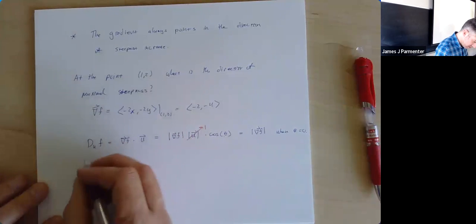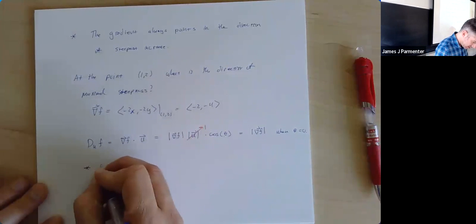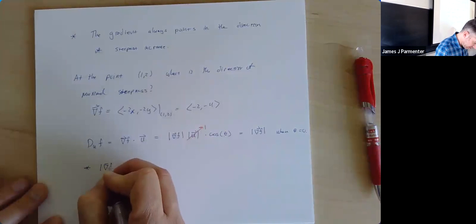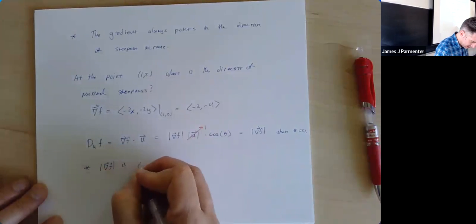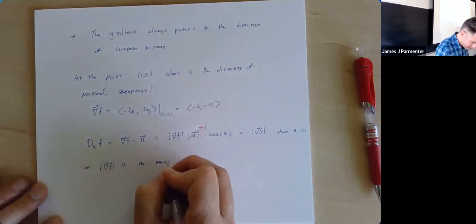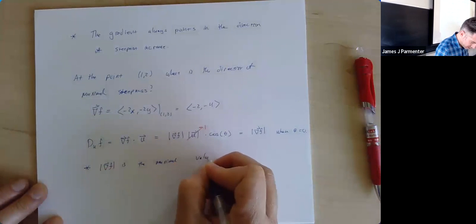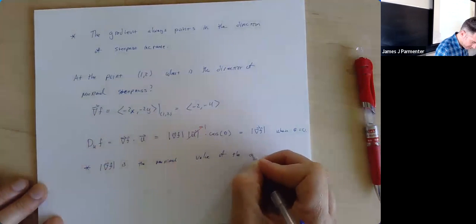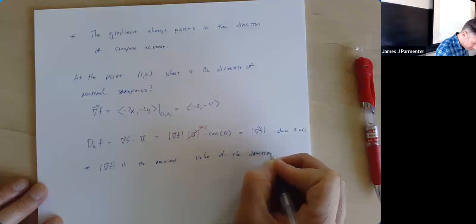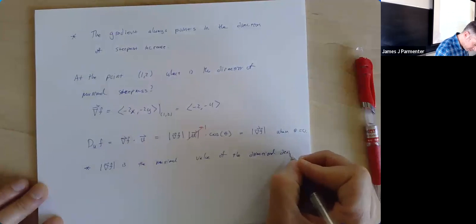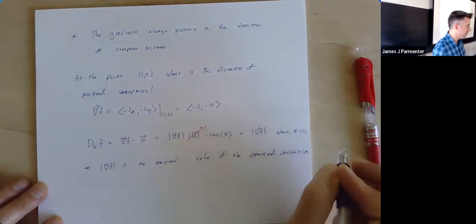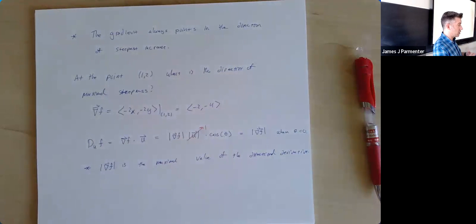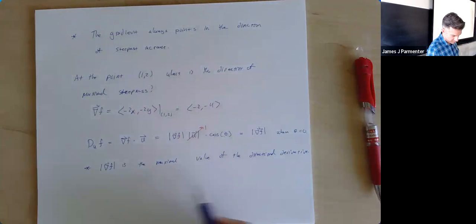So the magnitude of the gradient is the maximal value of the directional derivative. I think the first part's more important, that the direction of maximal steepness is the direction of the gradient, but it's also interesting that the maximal steepness is the magnitude of the gradient.